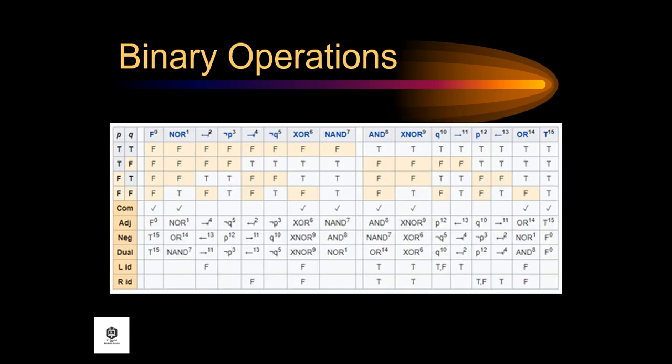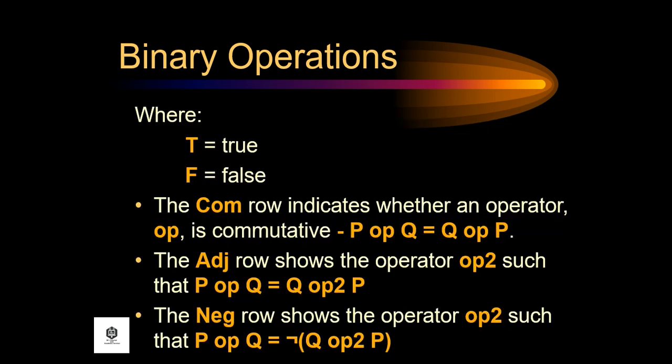So here is the sample truth table for the binary operations, where T is equal to true, F is equal to false. The Com row indicates whether an operator is commutative.